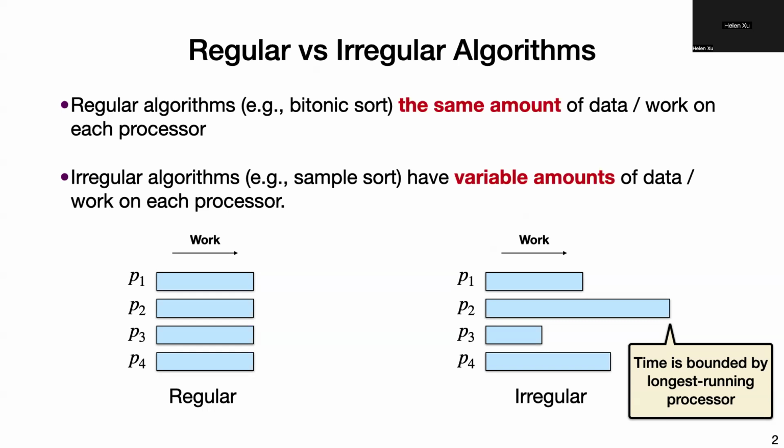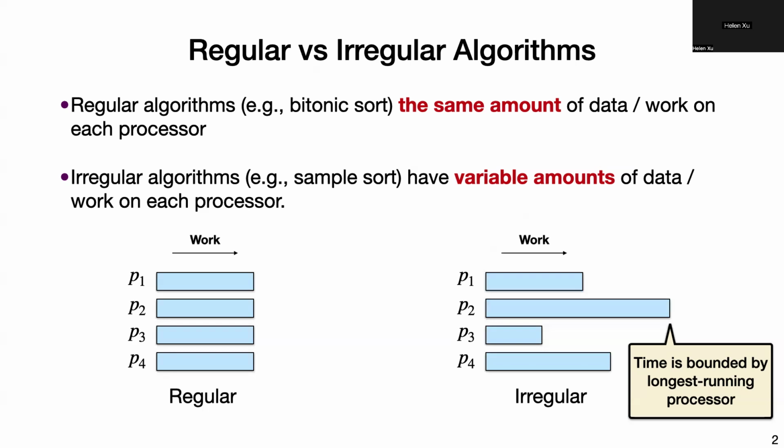And the work is uniform across the processors. Other examples of regular algorithms that we did: matrix multiply, I guess, is regular. You have the n cubed operations that you need to do, and you can always split those up evenly across your processors. And shortly, maybe in a couple lectures, we're going to do distributed memory matrix multiply, but we did it in shared memory already, and you can already evenly split that.